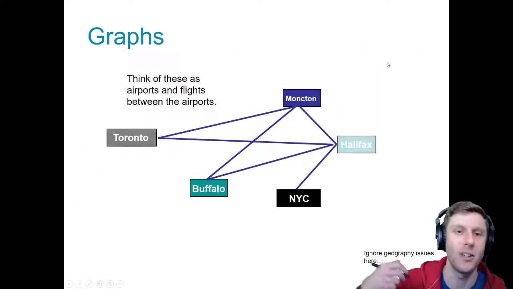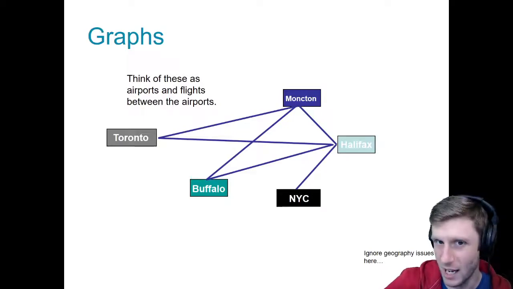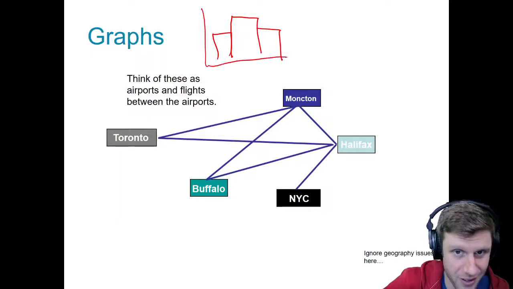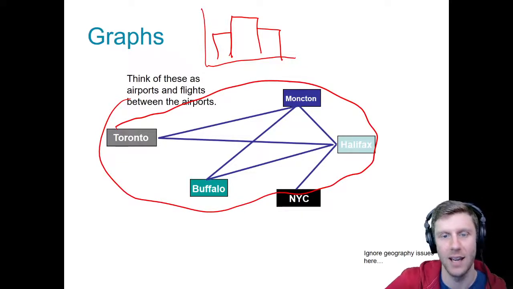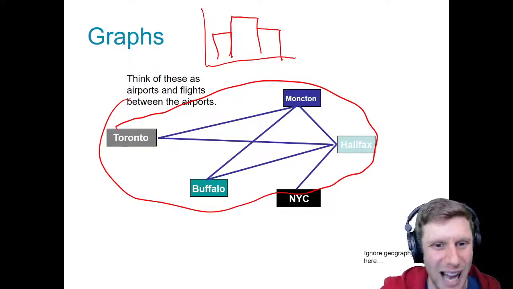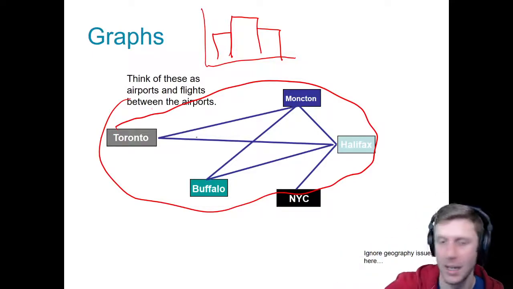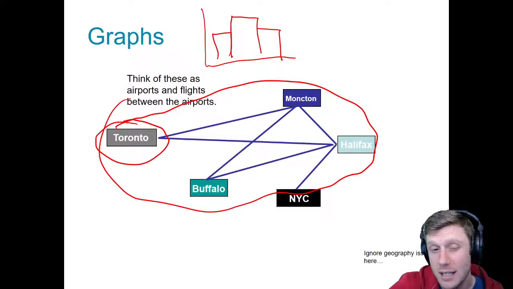And then this is a graph, not to be confused with a plot, because I know a lot of people will learn things like histograms and bar graphs and scatter plots as graphs. Well, those are plots. This right here is a graph, a mathematical graph, where we represent ideas or things or concepts as nodes or vertices.